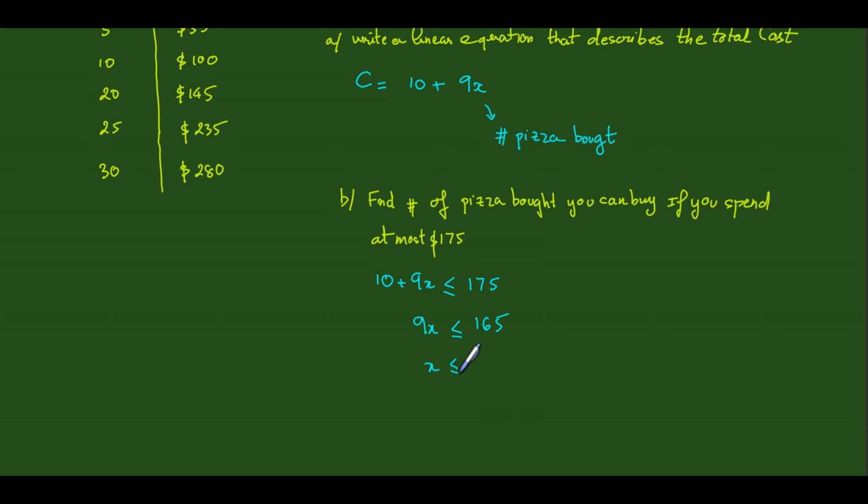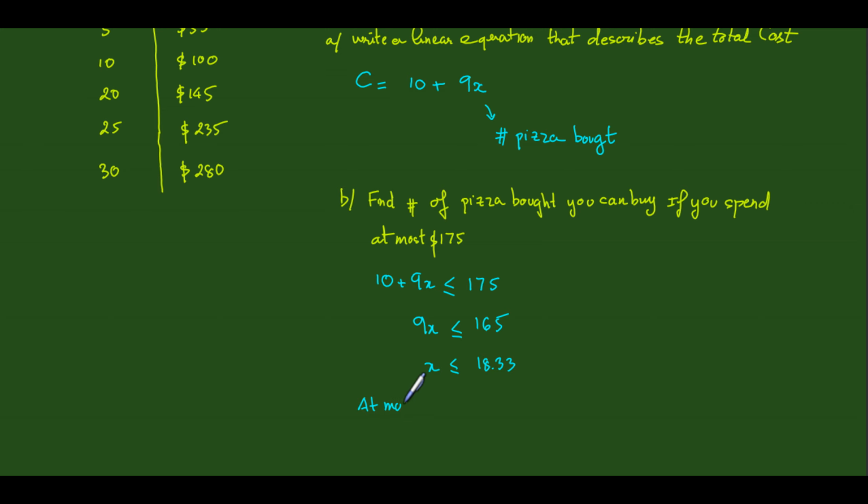And you divide 165 by 9, so you have 18.33. So at most, I can say that at most you will have only 18 pizza.